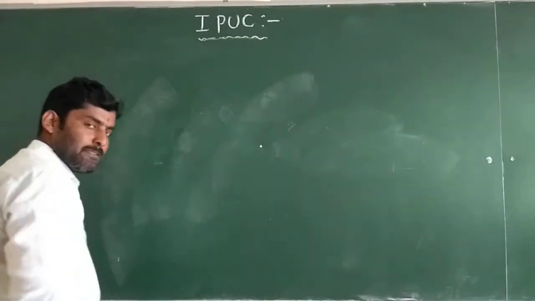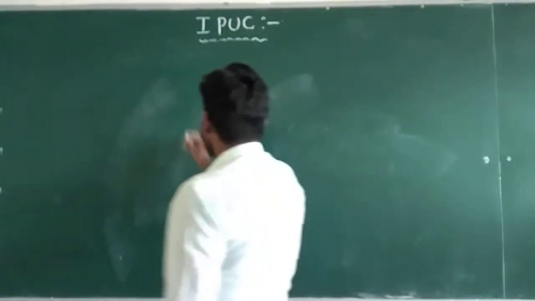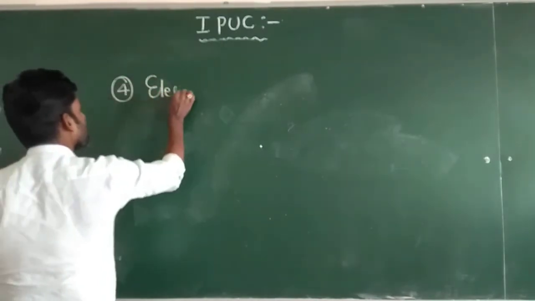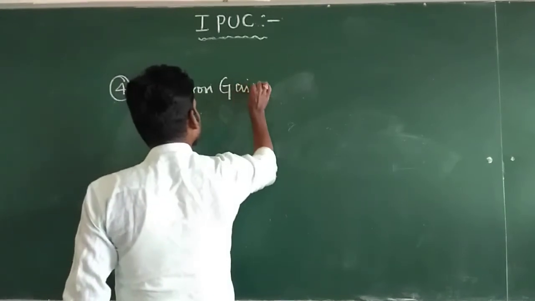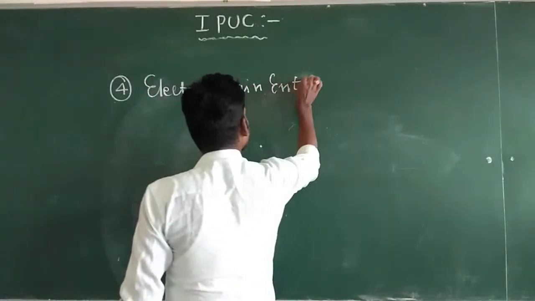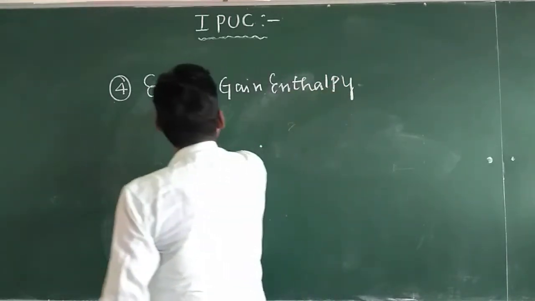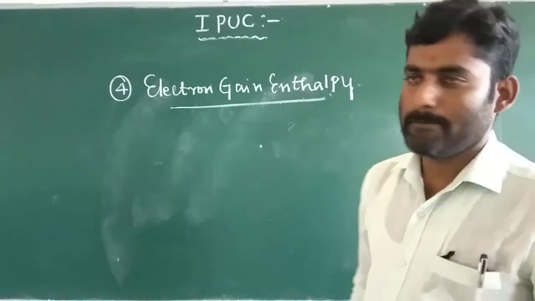And the next periodic trend in physical properties, 4.12, electron gain enthalpy. It is also called electron affinity.